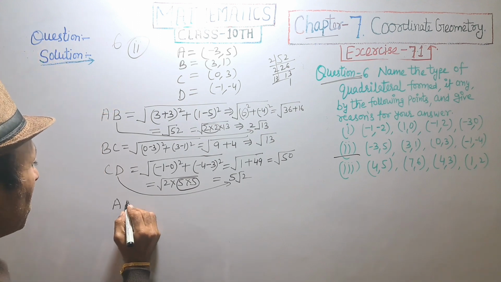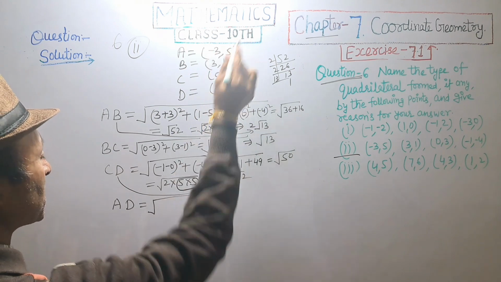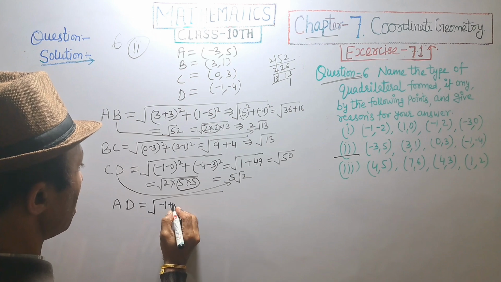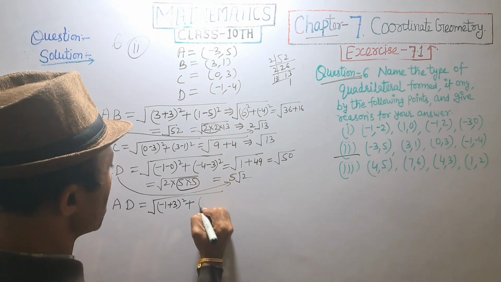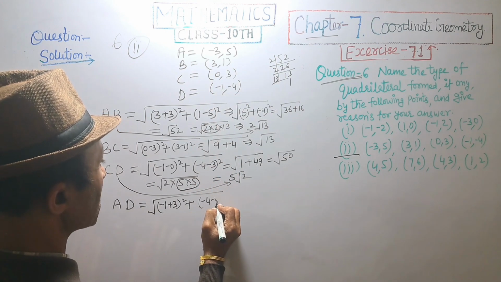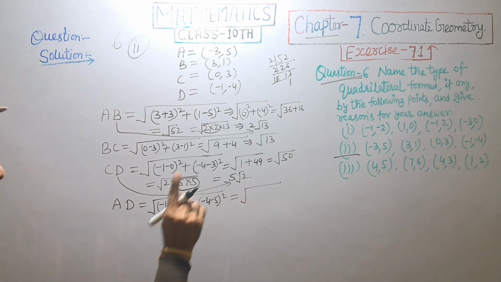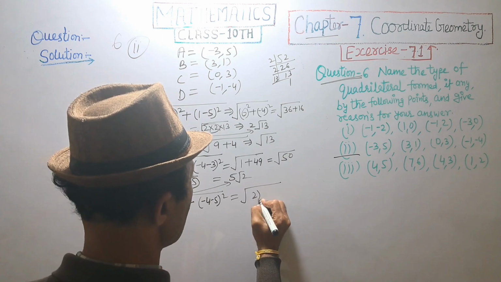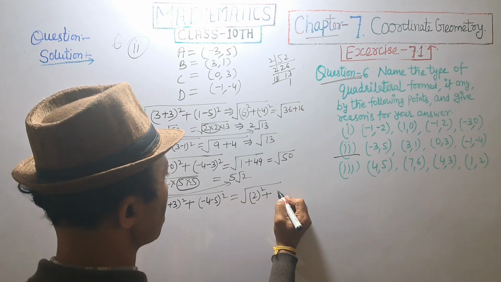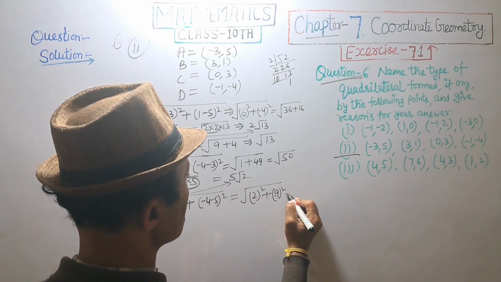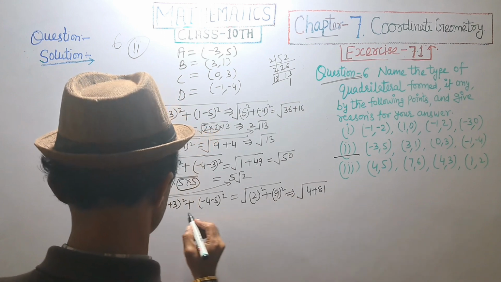And AD by the distance formula is the square root of (x2 minus x1) square, minus 1 plus 3 square, plus (y2 minus y1) square, that is minus 4 minus 5 square, which is the square root of 3 minus 1 is 2, and 2 square is equal to 4. 4 plus minus 9 square, that is 2 2s are 4 plus 9 9s are 81.